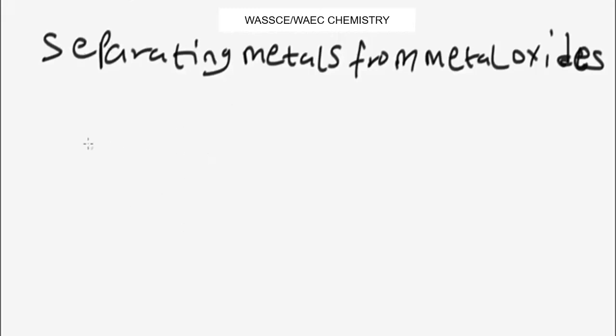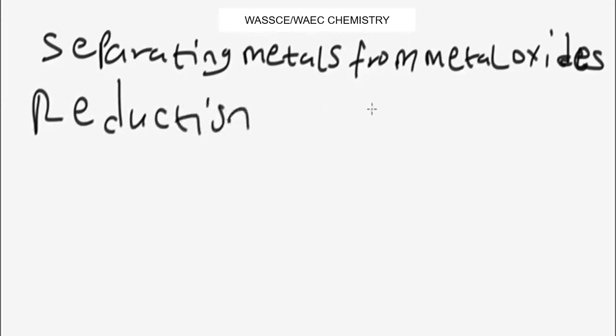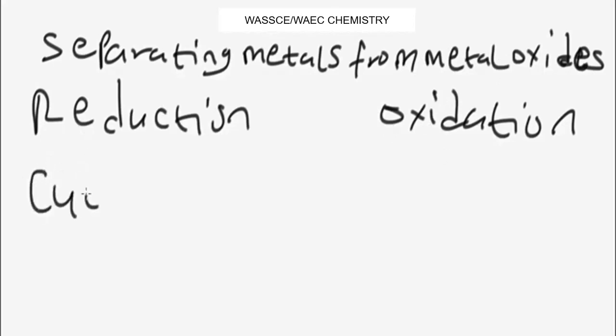Now note again that metals often have to be separated from their oxides. So we talked about reduction and oxidation reaction. So basically, oxidation is gain of oxygen, reduction is loss of oxygen. Now let's look at the typical example of reduction reaction. A typical example is when copper oxide reacts with carbon.